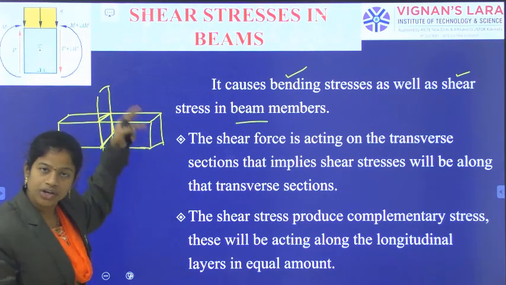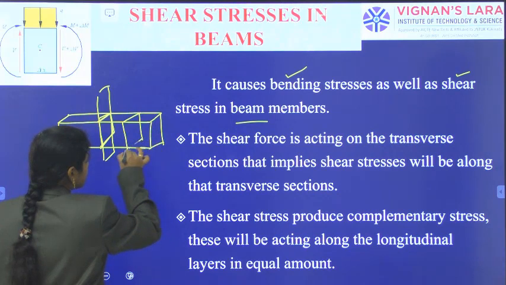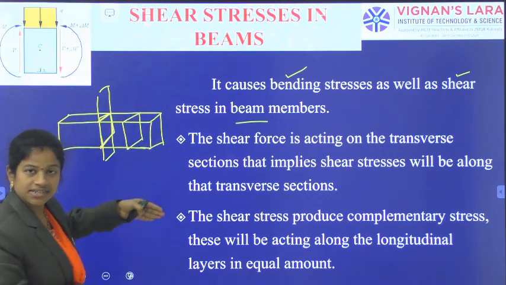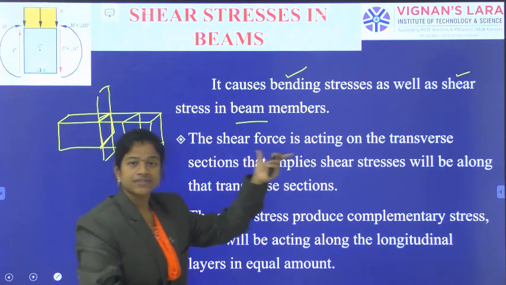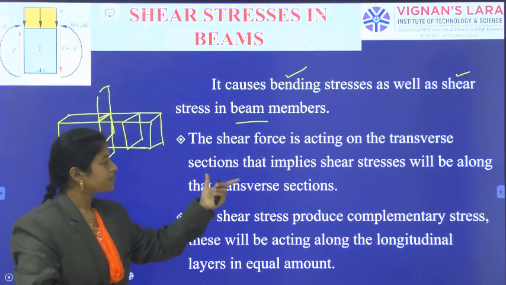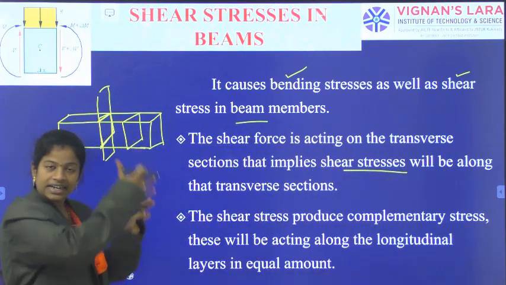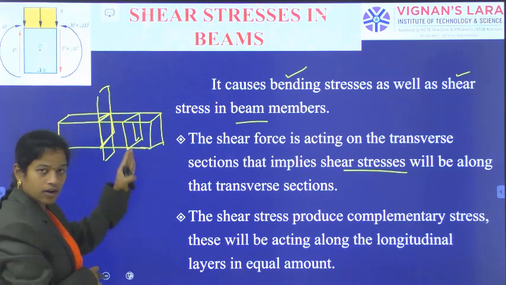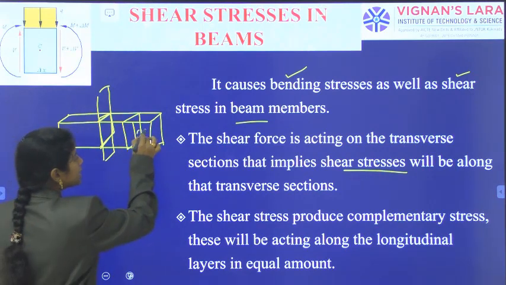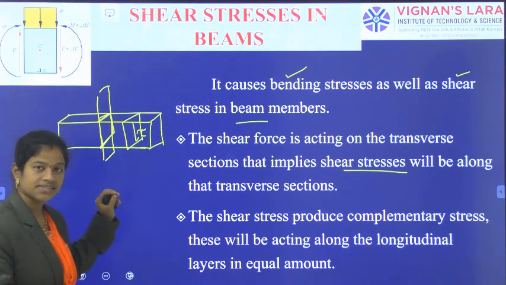This is the longitudinal direction, and the sections which come for us can be called transverse sections, and the shear force is acting along the transverse sections only. Similarly, shear stresses will also act along the transverse sections, as the shearing force is acting along the transverse section.